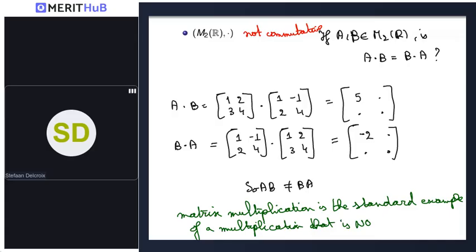So that's a very important example that you must remember, the matrices. Yes, we've seen subtracting is not commutative, but as far as standard operations like addition and multiplication go, matrix multiplication is the standard example of a multiplication that is not commutative.